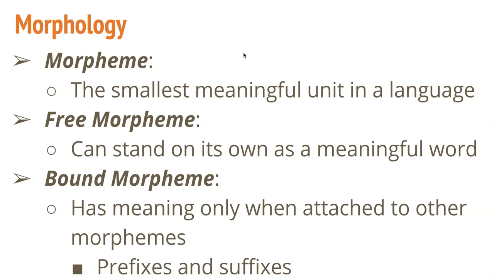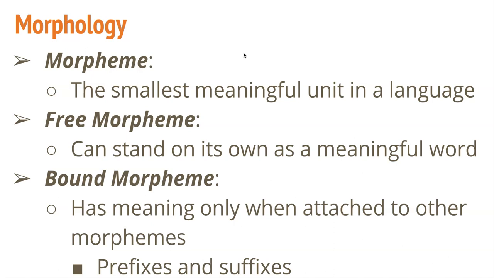But we also have morphemes that only have meaning when attached to other morphemes, and those are bound morphemes. One good example is plural s. So in words, you've got two morphemes there: the morpheme word, and the bound morpheme plural s, which means more than one, right? But if you just have an s by itself, it has no meaning. So free morphemes and bound morphemes.